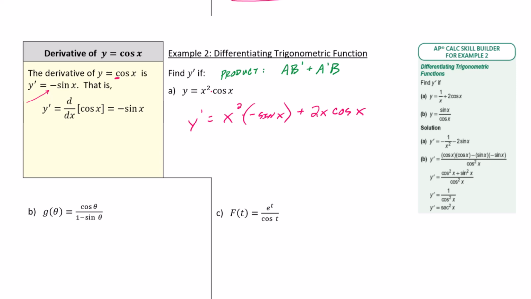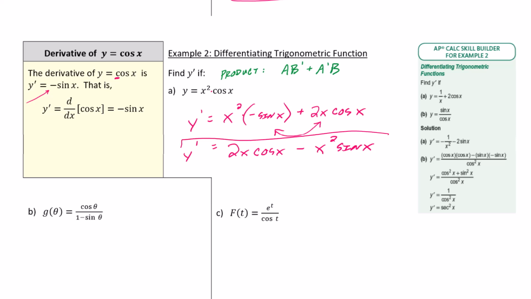So kind of like I mentioned before, just because that negative sign I don't really care for being on that first term, I'm actually going to do a swap with these two and call this 2x cosine x, and then minus x squared sine of x, just so again that minus sign gets a little bit more protected. If you wanted to say it was negative x squared sine of x plus 2x cosine x, that technically is still correct.